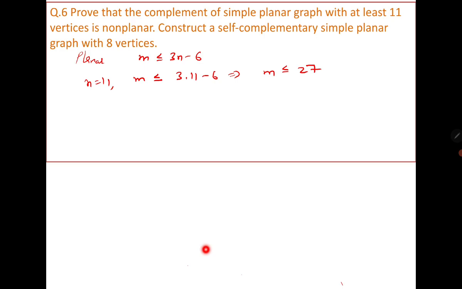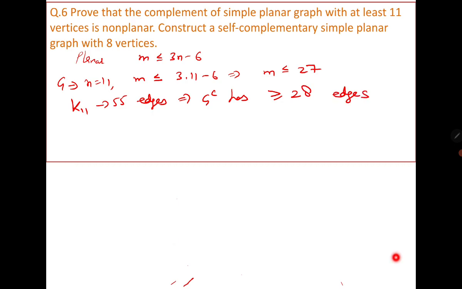Now if I consider a graph of order 11 whose number of edges is at most 27 because it is planar, then for its complement I have to think of K11 which has 55 edges. It means if this G is the graph, then G complement has at least 28 edges.